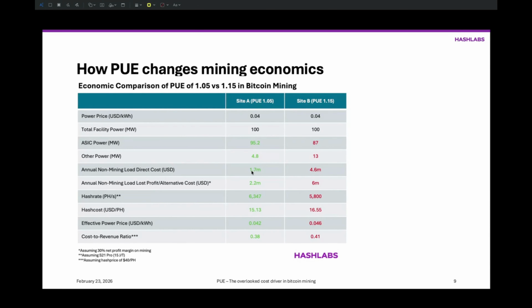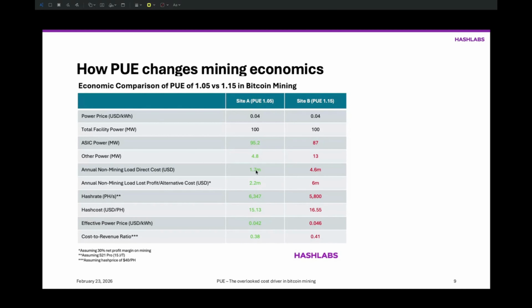non-mining load, like a direct cost. And we see here it's 1.7 million per year for a 100 megawatt site, just to pay for all the electricity that is used for non-mining purposes. So 4.8 megawatts run at 100% over 1 year at 4 cents, that's 1.7 million. That's what they're spending on power consumption other than the direct mining.